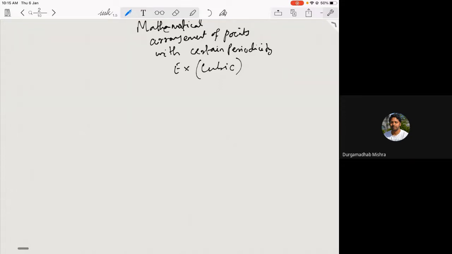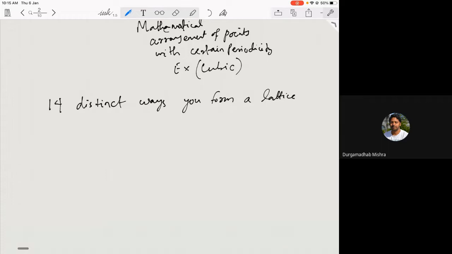So when we look at this 3D arrangement of points, the lattice, there can be many representations. We will not discuss all the different possibilities. Typically there are 14 distinct ways you can form a lattice.